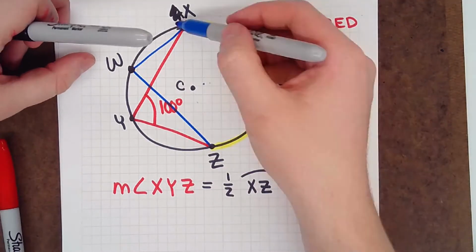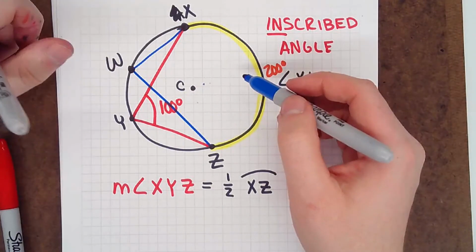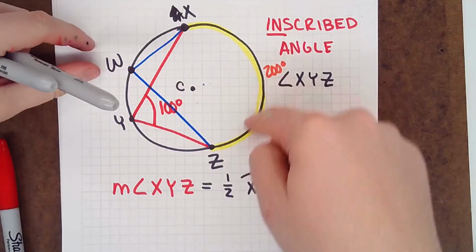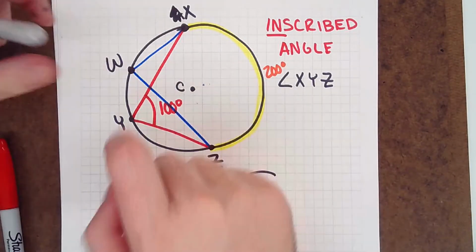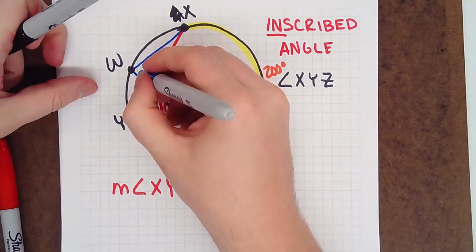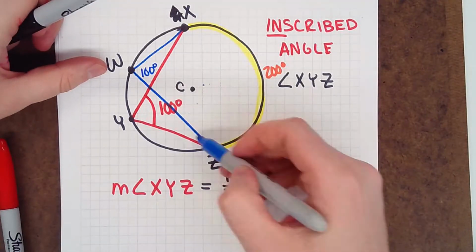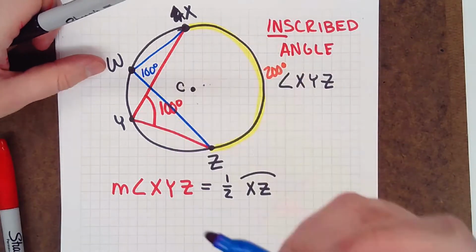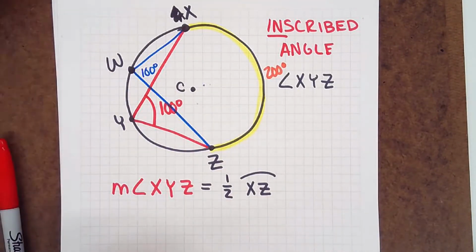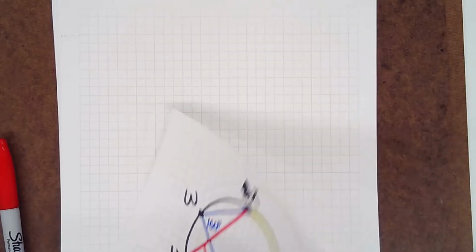So if it opens up to the same arc, then it's going to be the same value, right? Because it opens up to this guy. We divide this by 2, and this is going to give us our angle here. So this is also going to be a 100-degree angle. So that's pretty dope. So if inscribed angles open up to the same arc, they're going to be the same angle.